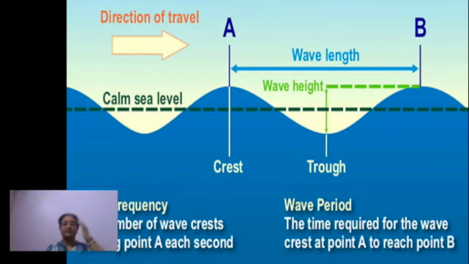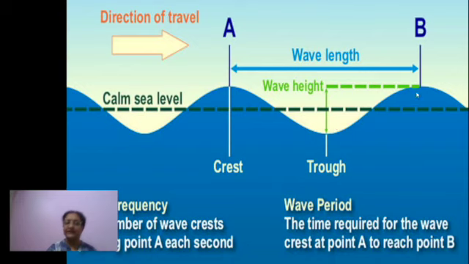Now, waves have different parts, and as they travel, you must have noticed an upper part and a lower part, again an upper part and a lower part. The upper part is called the crest. You can see here, this part A is called the crest, C-R-E-S-T, and the lower part is called the trough, T-R-O-U-G-H.